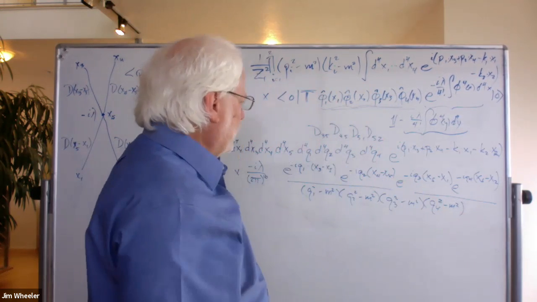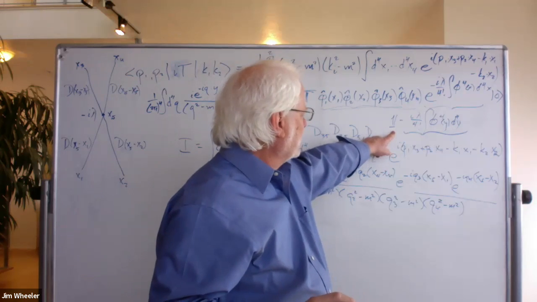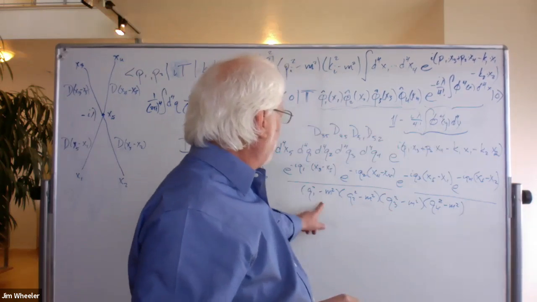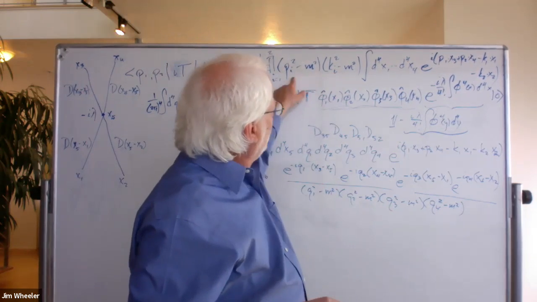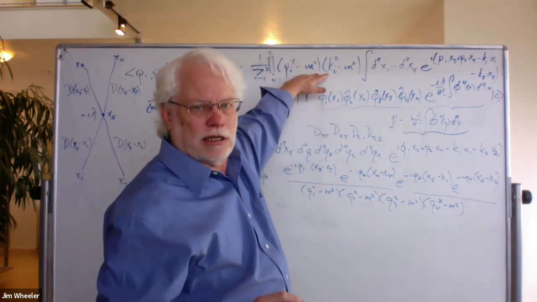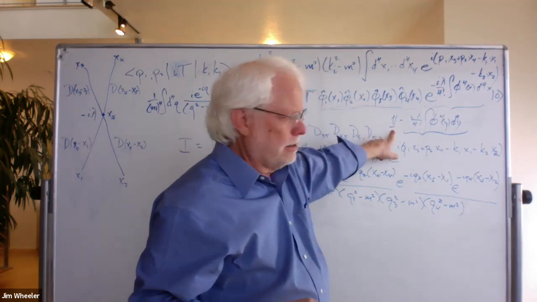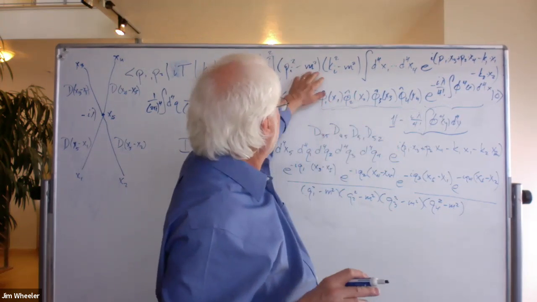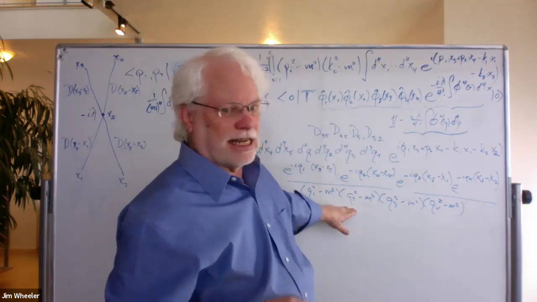Like this. And remember last time when we did the 0th order case, there were only 2 propagators. There were only 2 of these denominators. But up here, we've got a product of 4. And that made the 0th order contribution 0 because 2 of them canceled these poles exactly.